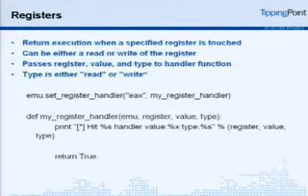When your handler gets called, it'll pass the register, the value, and the type of handler, for instance read or write. So if I wanted to log every time EAX is updated, or ECX, then you would set an ECX register handler, and when that would happen in the emulator, it would call back into you.